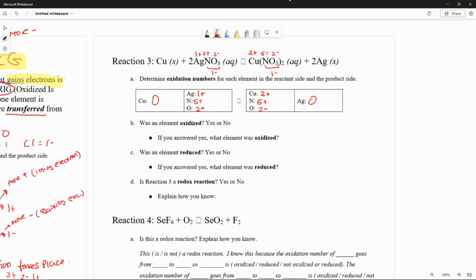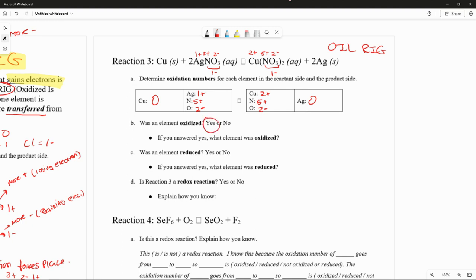Taking a look at this, from Cu 0 to 2 plus, we are going from a charge of 0 and becoming more positive. Based on our acronym, OIL RIG, we know that a loss of electrons will make the element more positive.